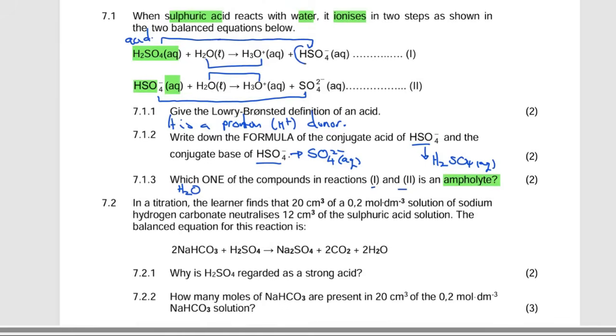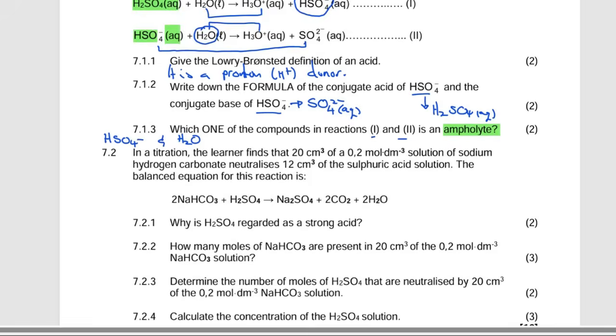So this one can act as either an acid or a base, depending on the type of reaction. And for the second one, we're going to have our H2O, which is this water there. It acts as an acid, and on the other part it is acting as a base. So that's what we're having.